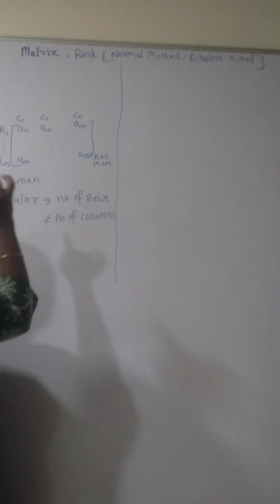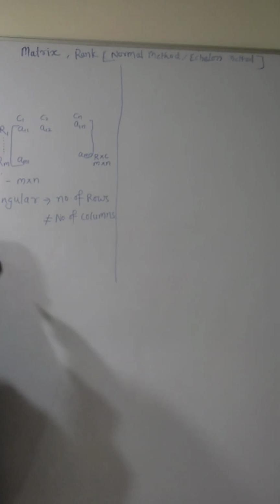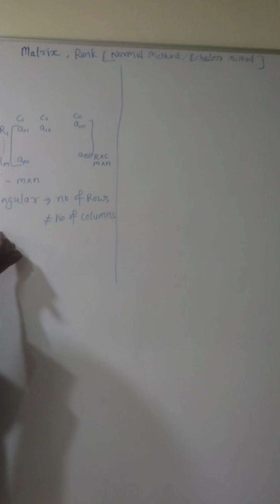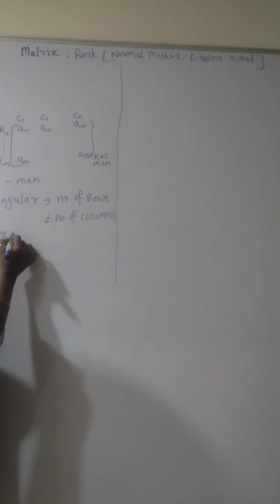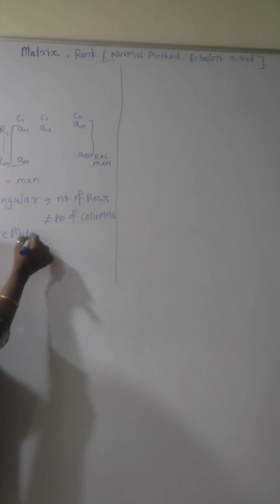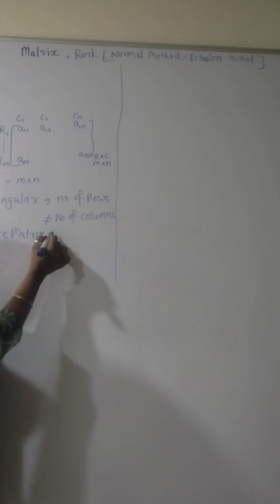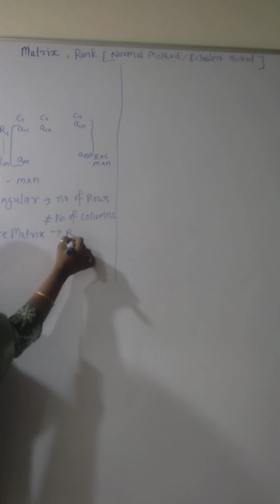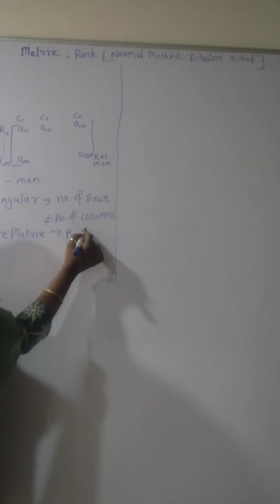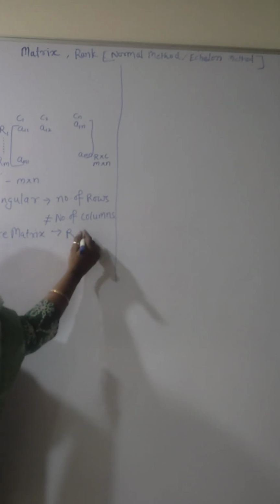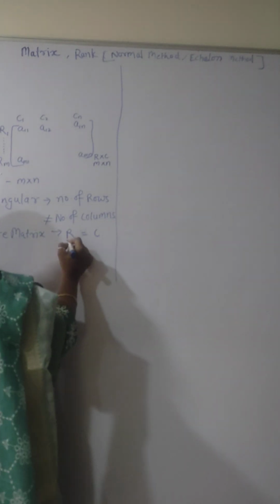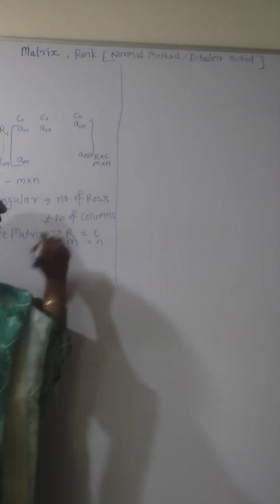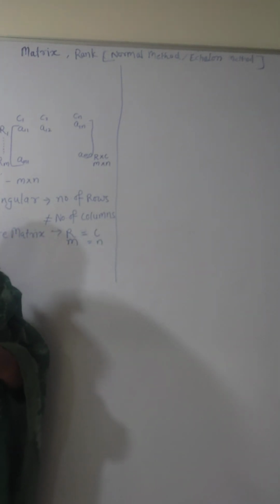Then it becomes a rectangular matrix. Second, square matrix: it is only possible when the number of rows is equal to the number of columns, that is, m is equal to n. Then it becomes a square matrix.